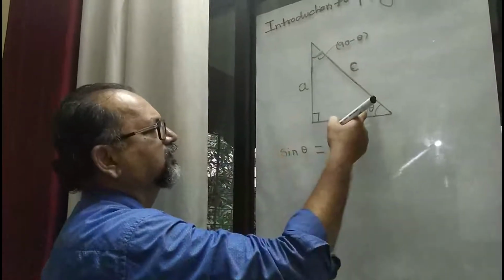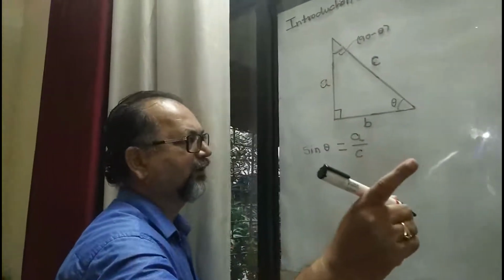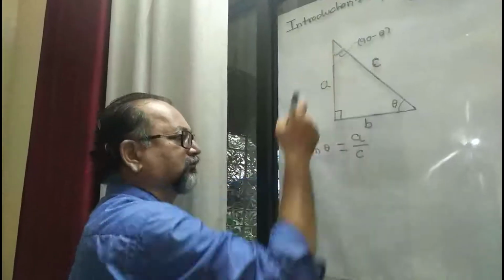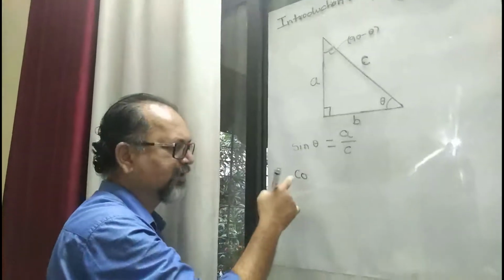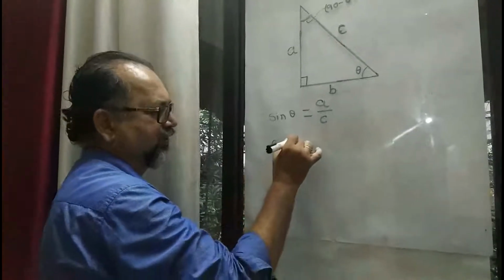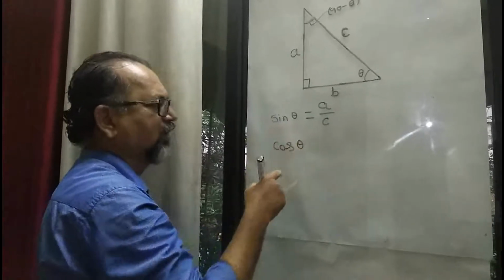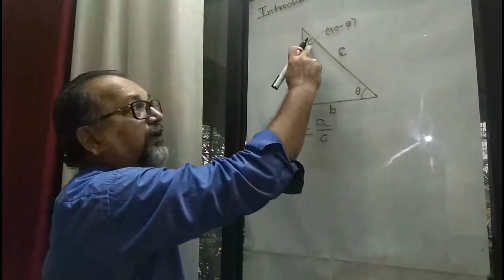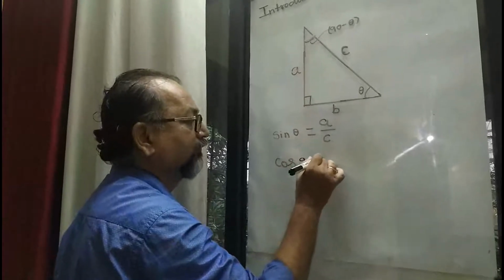Cosine theta will be the side adjacent upon hypotenuse, B upon C. Cos means cosine, and last time I told you it has some special meaning. But let me not write cos theta; let me find cos of 90 minus theta, cos of this angle.